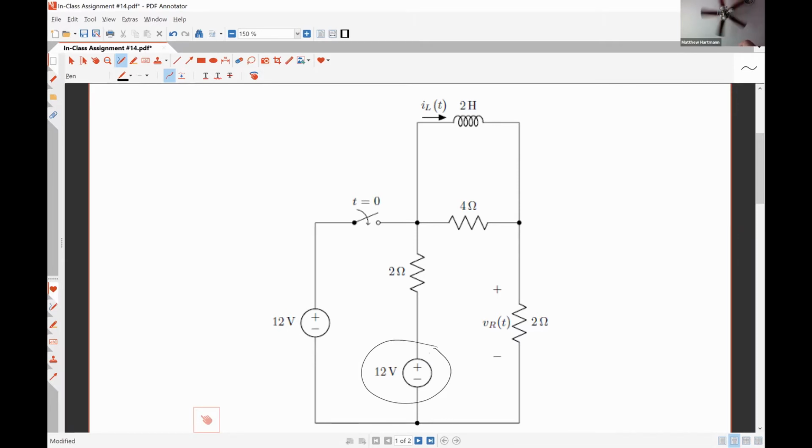So it's going to influence the behavior of the inductor always. So this is definitely not a natural response problem because there are sources left in after the switch has closed. The only real change we need to make to our analysis is to analyze the circuit at t equals infinity as well.